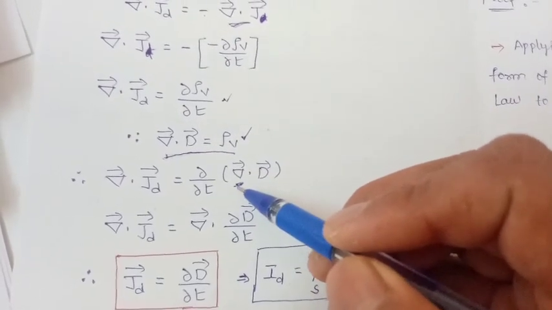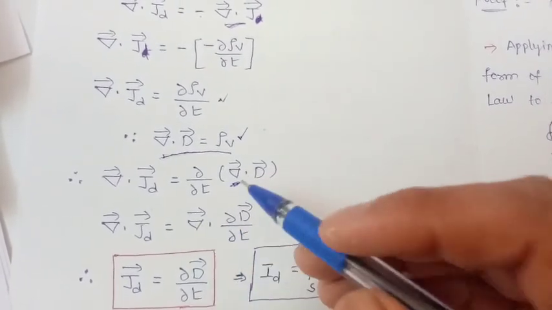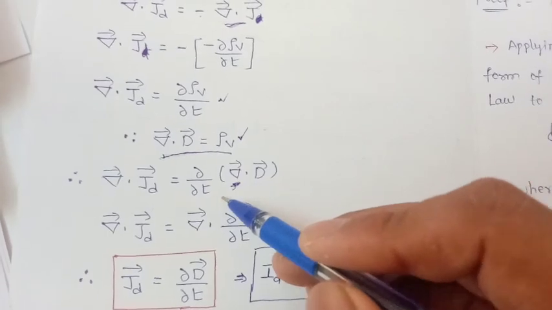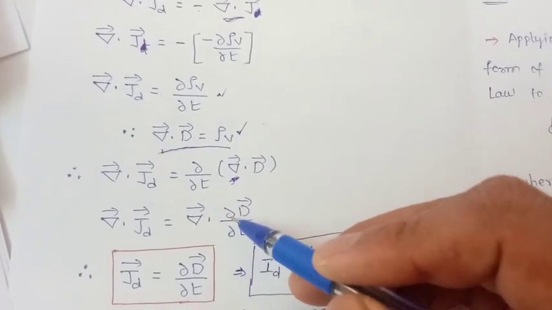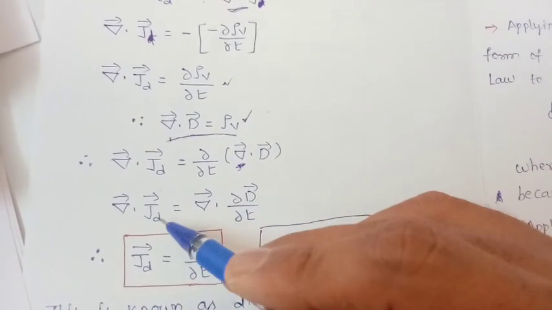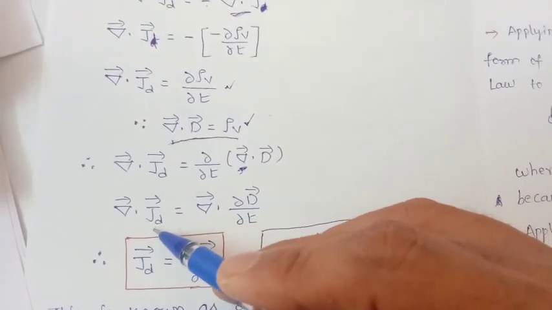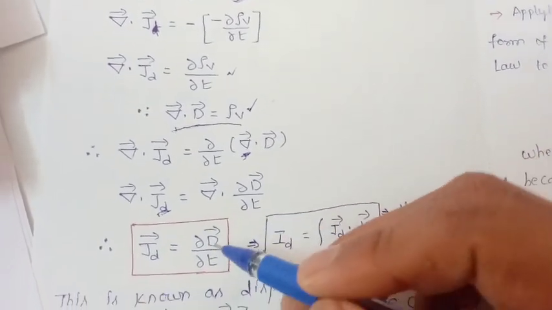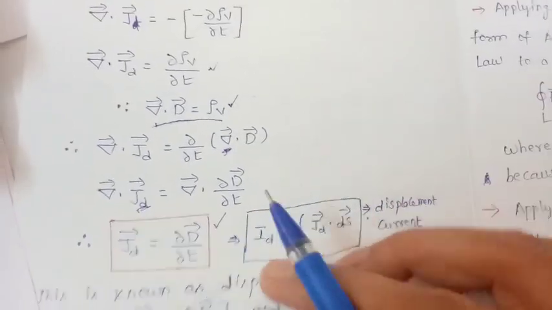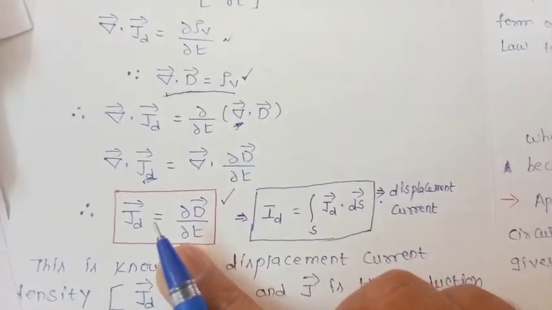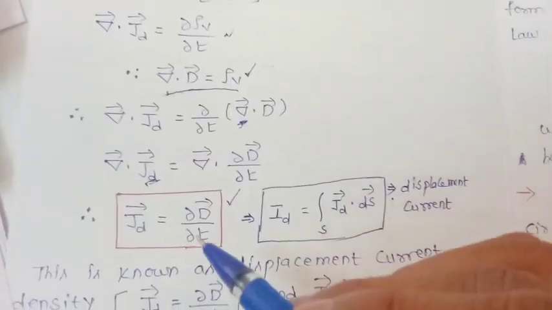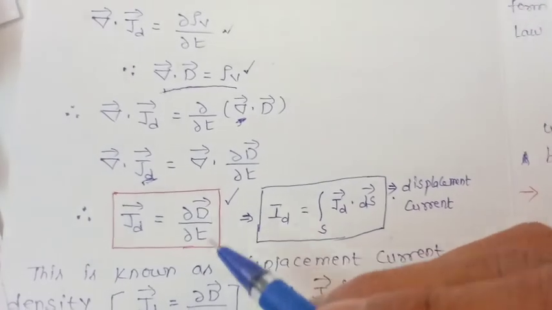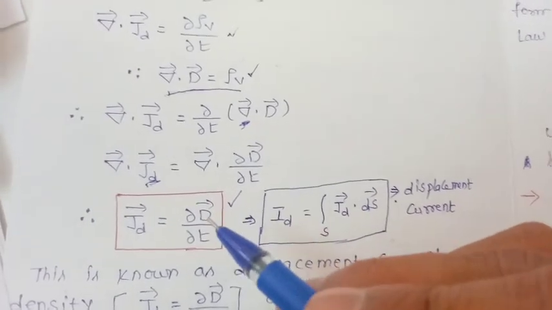Taking the del operator outside, it becomes dou D bar by dou t. By comparing these two, JD bar is equal to dou D bar by dou t. This is known as displacement current density. Displacement current density is equal to the rate of change of electric flux density.